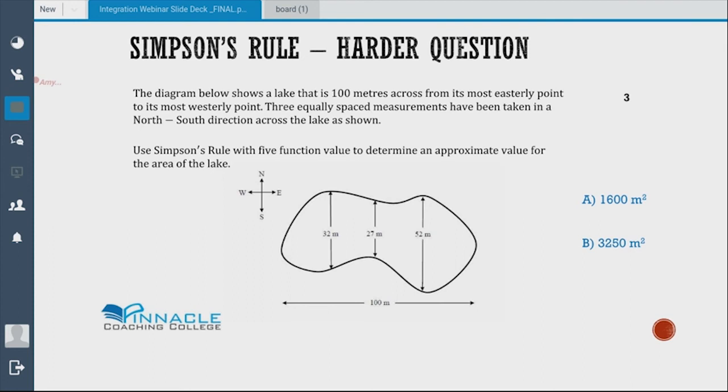Okay, so I might just end the poll there. Looks like everyone had a good go at it. Majority picked the second option, which is great. So let's have a look.